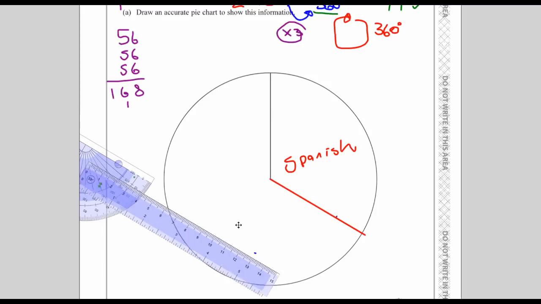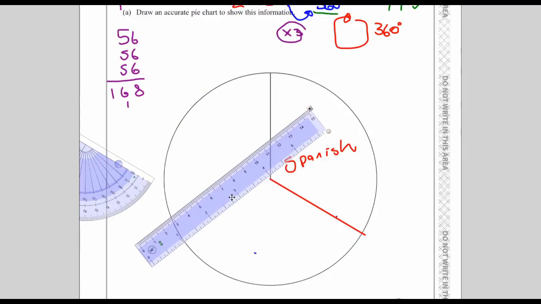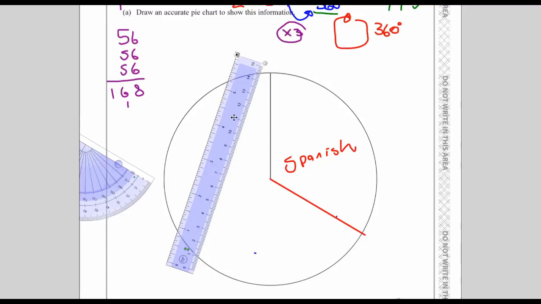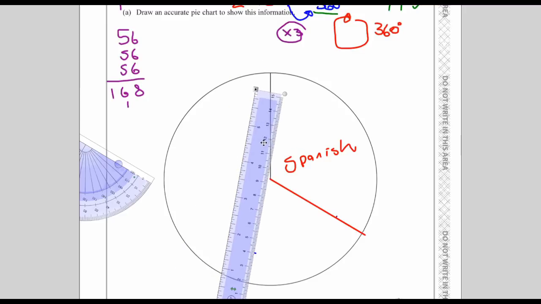Let's get our ruler back in action. Guys, I hope you can do this quicker than me in the exam. Okay, there we go. You'd be doing some pencil in the exam.